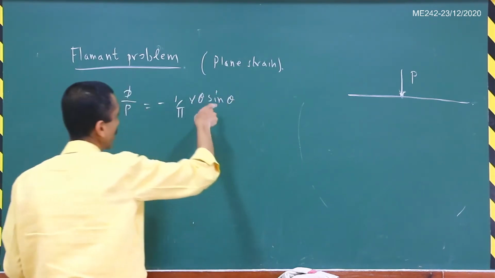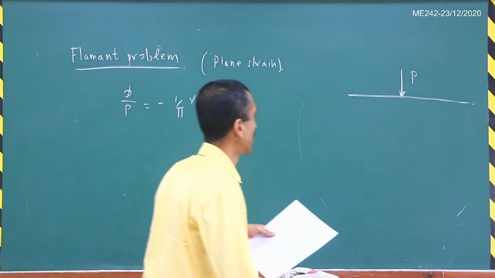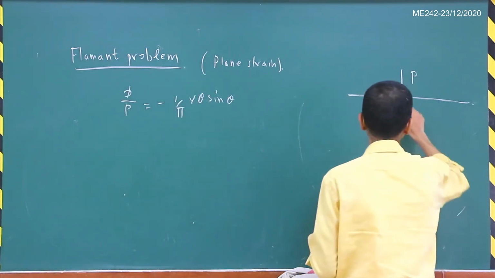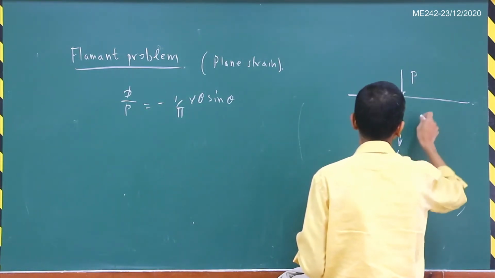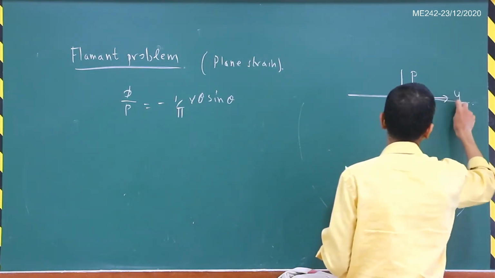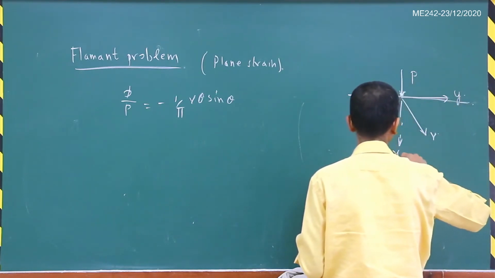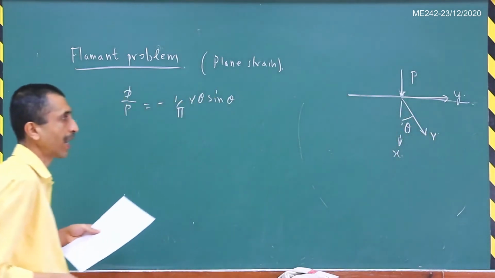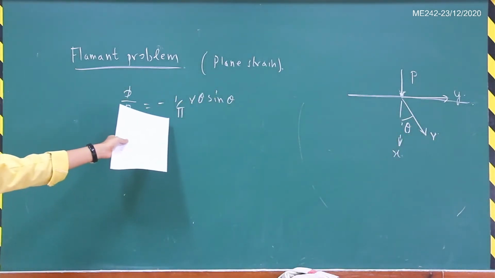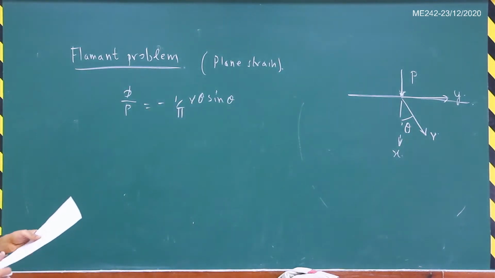We will justify this, but at the present moment just accept this as the Airy stress function. This is my x-axis, this is my y-axis, this is my r, the radial coordinate, and this is theta. This is the setup, and in terms of the polar coordinates, this is the solution for this particular case.